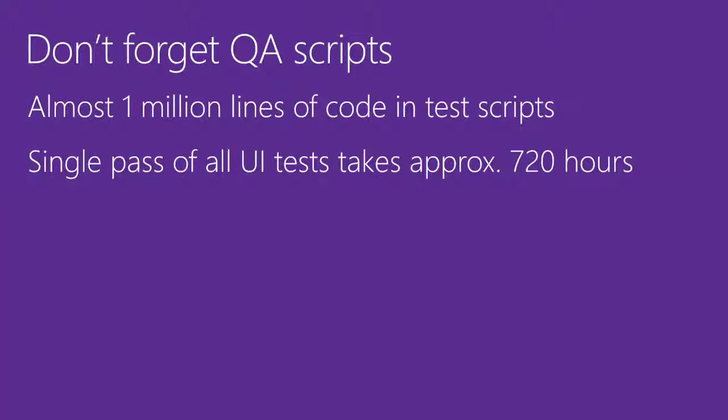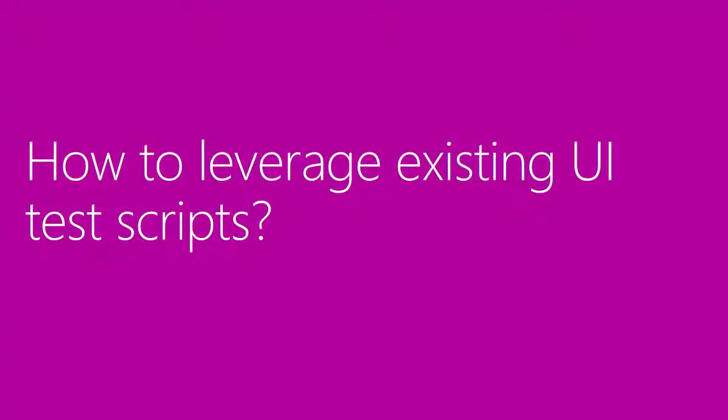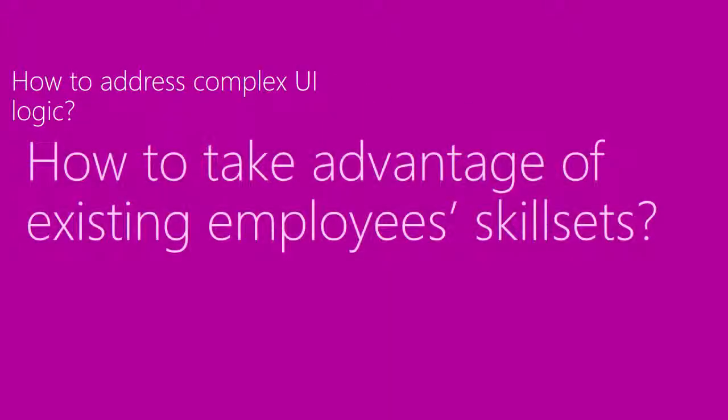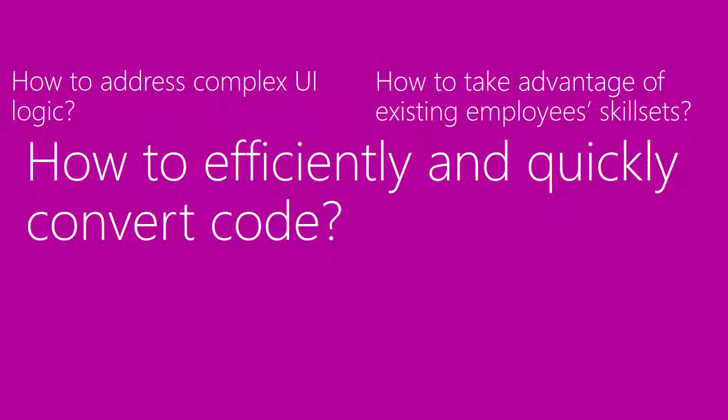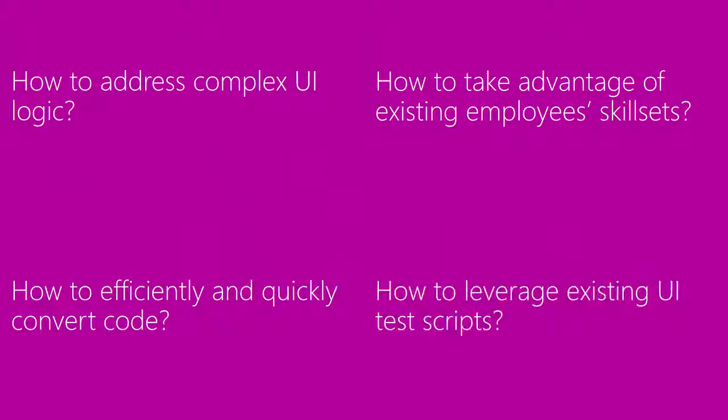But that's not the point. The point is the company has a significant investment in the QA scripts as well. And if you rewrite the app from the ground up, you might have to rewrite all the QA scripts. So how can we leverage existing UI scripts and make them work with the migrated product? Okay, so those 4 challenges are real challenges. Let's see how we're going to address them.